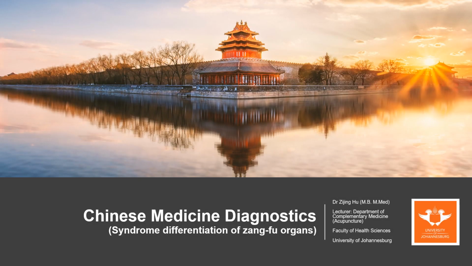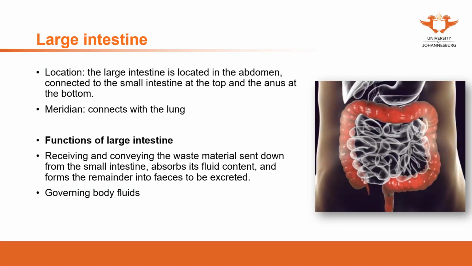Good day, everyone. In this video, we are going to continue the discussion on the large intestine. In the previous video, we introduced the lung disorders, and because the large intestine is the coupled organ of the lung, we're going to introduce the disorders of the large intestine here.